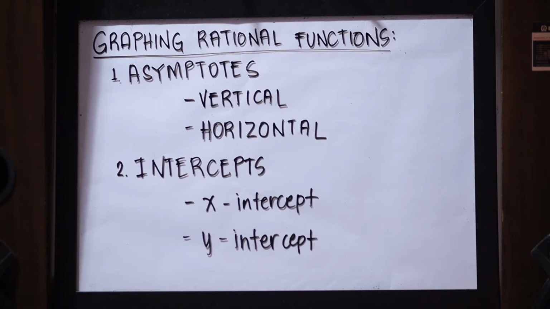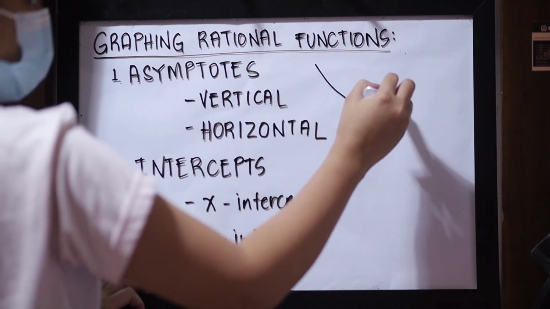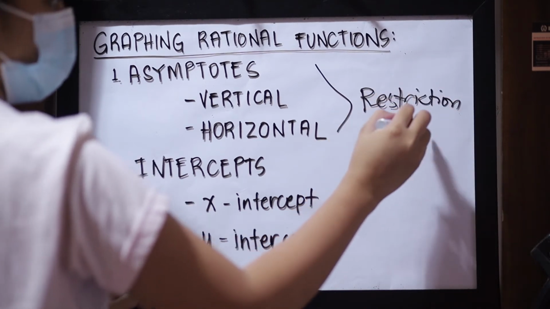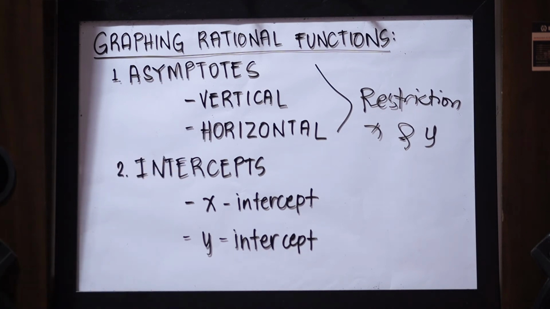Yun yung tinatawag na asymptotes. Itong asymptotes, this will be the restriction for the values of x and y. Ibig sabihin, yung asymptote na yon hindi tatama doon yung graph nyo sa graph ng rational functions. Meron talagang ganon. Hindi yun nawawala sa rational functions.